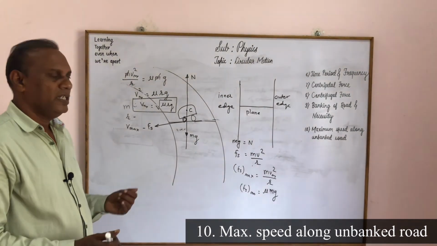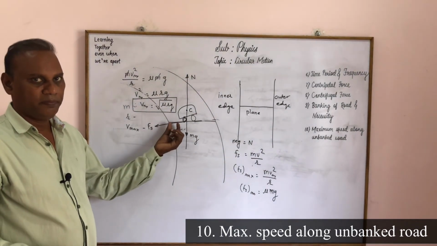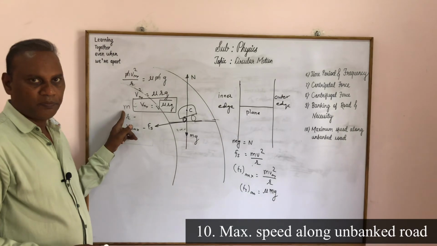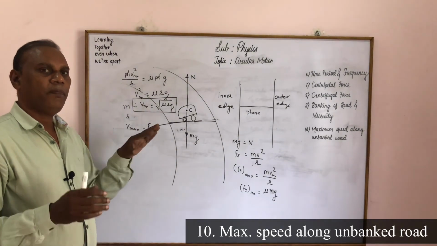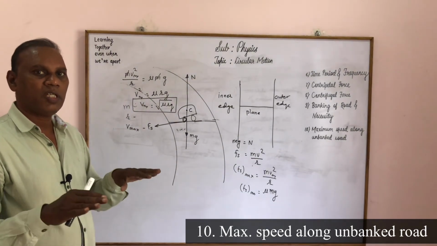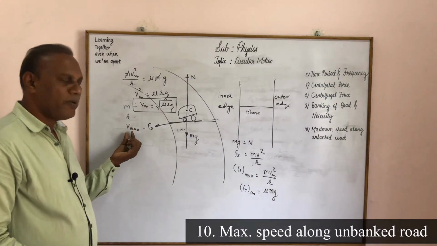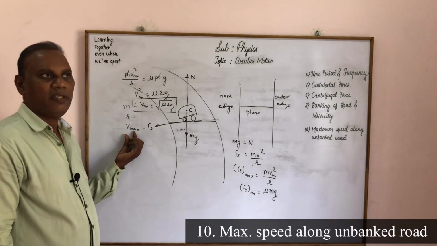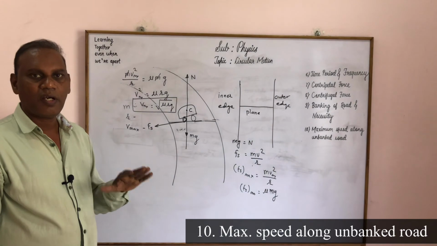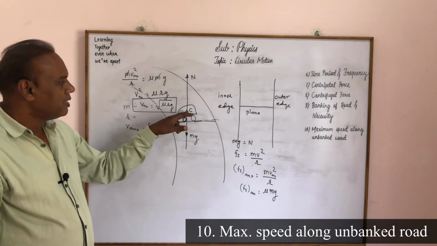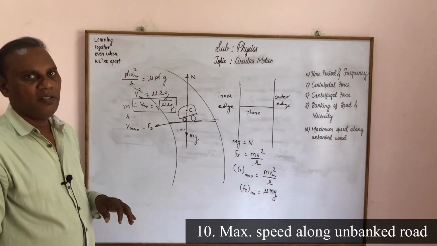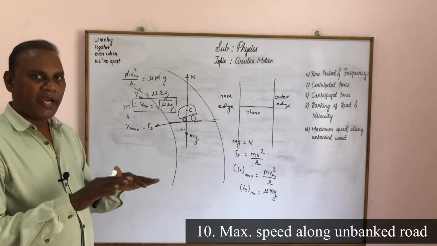Again I repeat, consider a vehicle of mass m moving along a plain or horizontal curved road with maximum speed limit Vmax and radius of curvature r. At the center of gravity of the vehicle, three forces act on it.